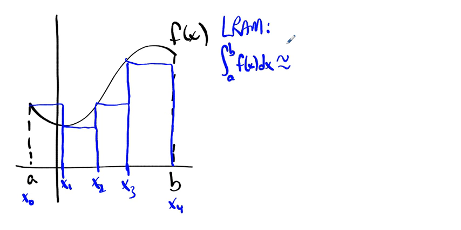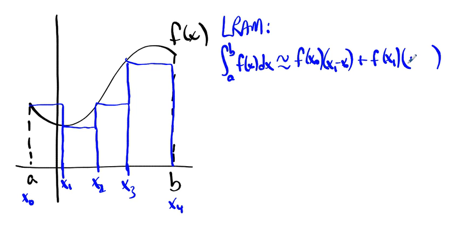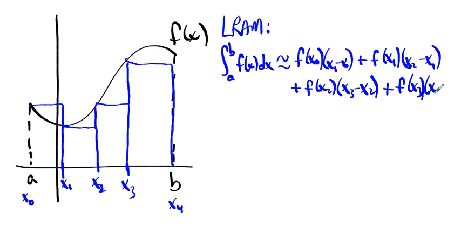So we would have the height here is f of x naught times the width, x1 minus x naught, and then the height here, f of x1 times the width here, x2 minus x1, and then the height here, f of x2 times x3 minus x2, and then the height here, f of x3 times x4 minus x3. And so you'd add up the four blue rectangles, and that would be approximately the area under the curve.